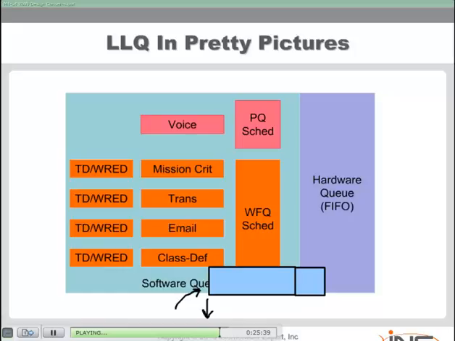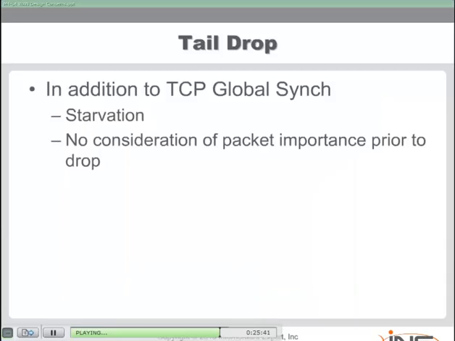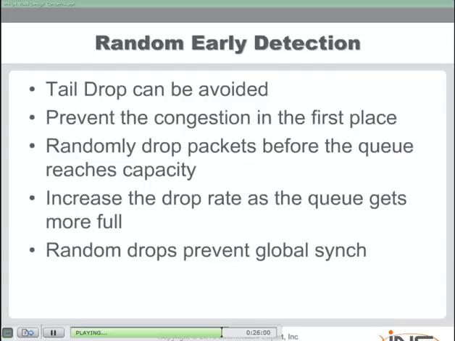Tail dropping packets could lead to voice over IP being completely starved out, and it could lead to that TCP global synchronization process. So the congestion avoidance mechanism that is often used is called random early detection, RED. And Cisco's implementation is called weighted RED.